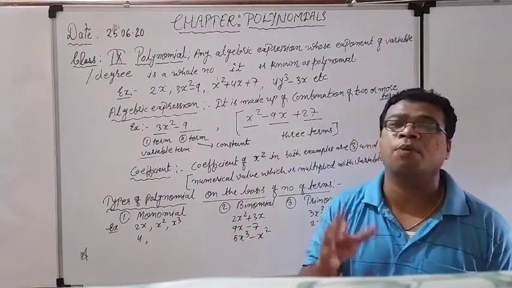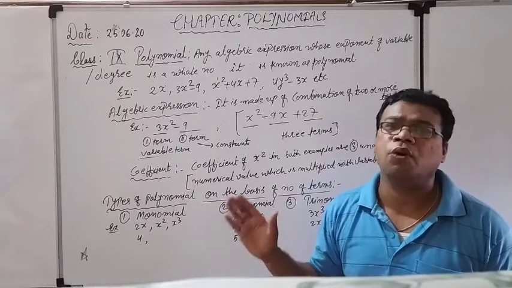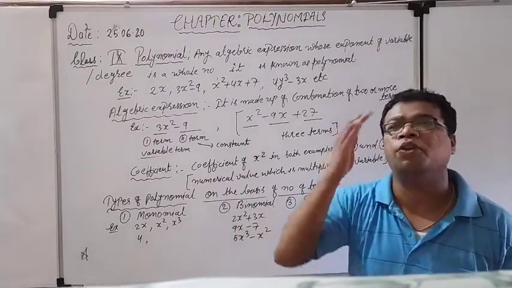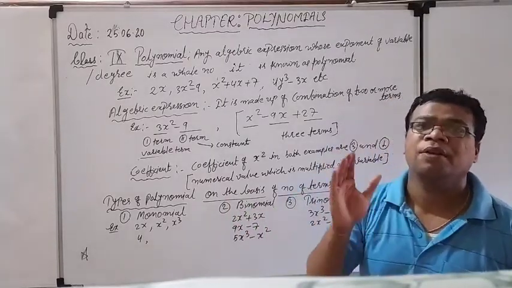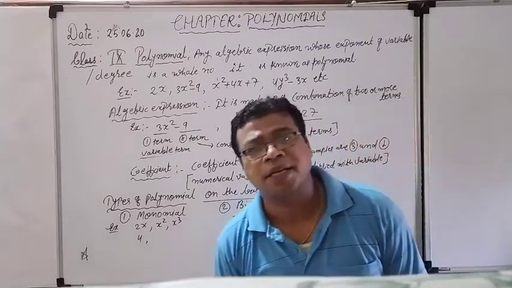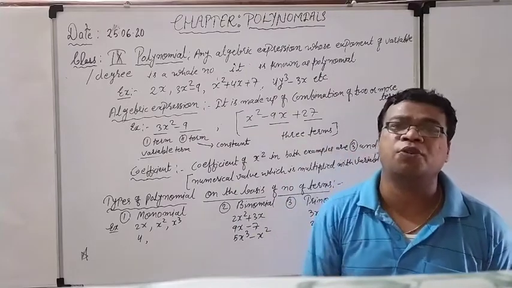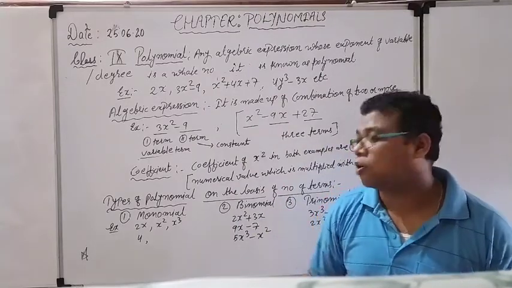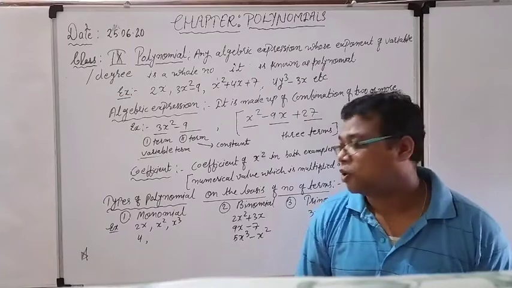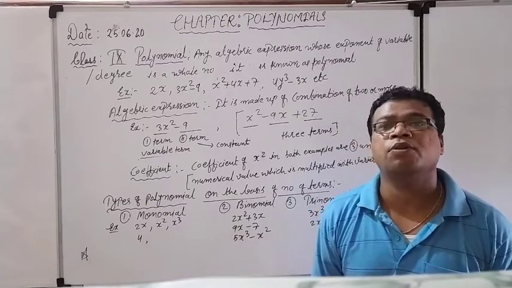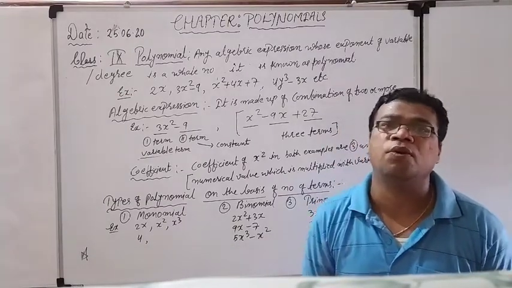If you are looking at -5, 3, 9, these are all examples of the constant polynomial, where no variable term is present. And what is the degree of that polynomial, or what is the highest power of the variable in the constant polynomial? So 0, because this 4 can also be written as 4x to the power 0.